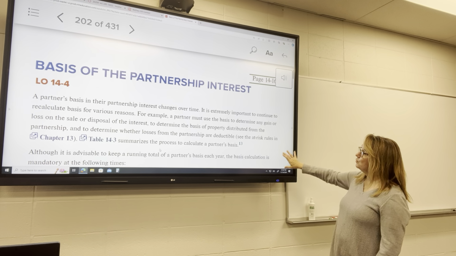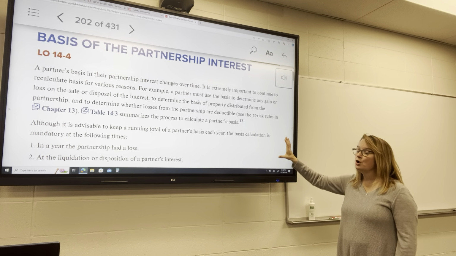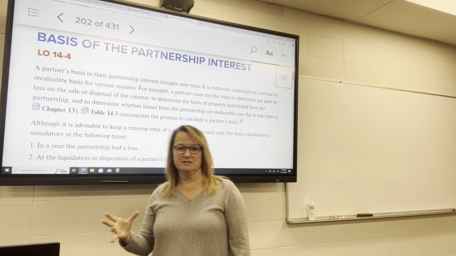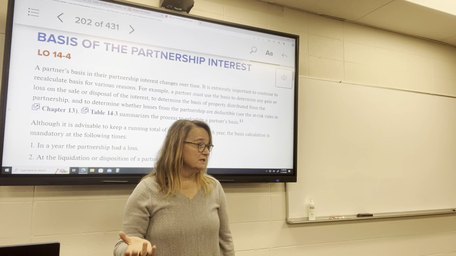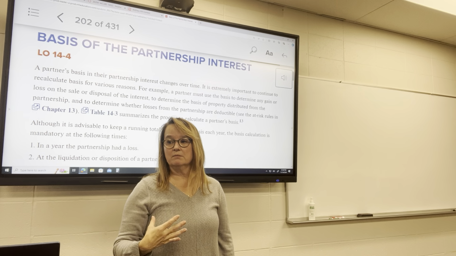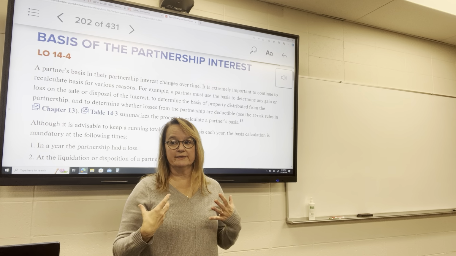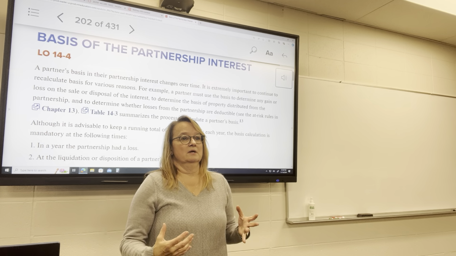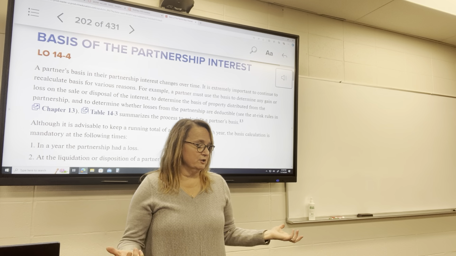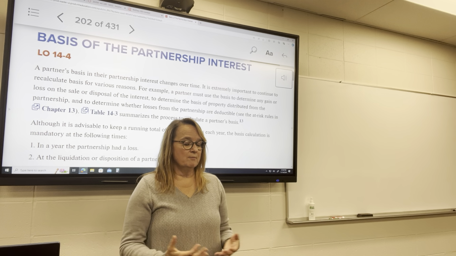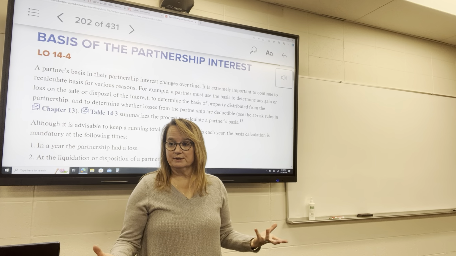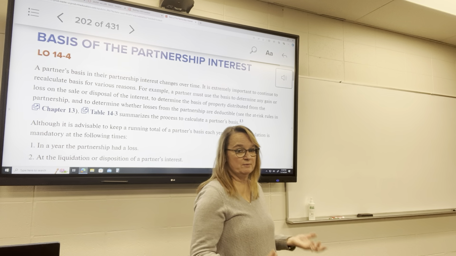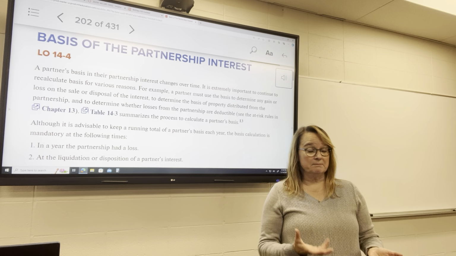We need to keep a running tab, and this is really the responsibility of each individual partner to track their basis. Oftentimes it's done at the end of the year when they get their individual taxes done, or when the partnership taxes are completed, the accountant who's completing those taxes will help to determine what that ending basis is.